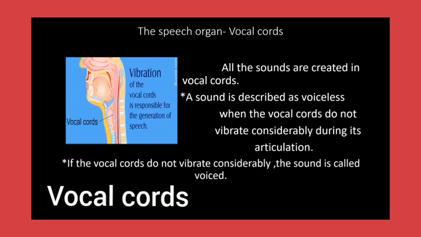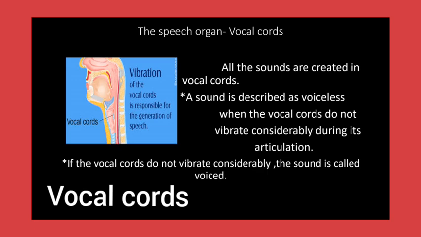The first speech organ that we are going to study about is vocal cords. You have some idea about the vocal cords. The vocal cords are nothing but small elastic tissues which are placed on the top of the windpipe. They are called vocal cords.